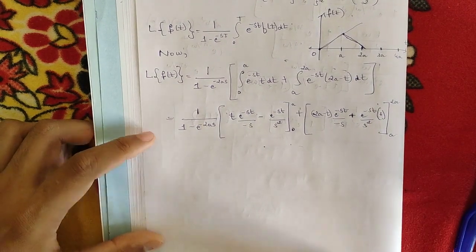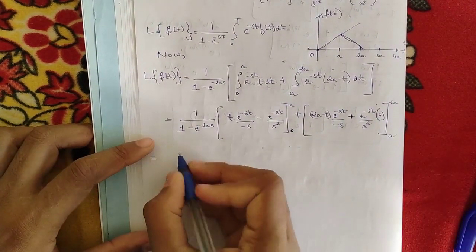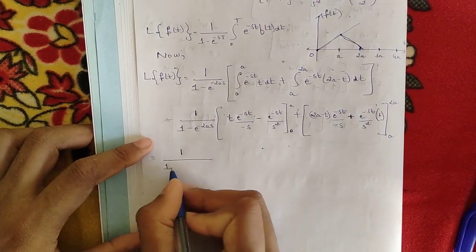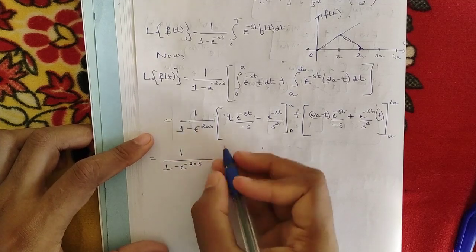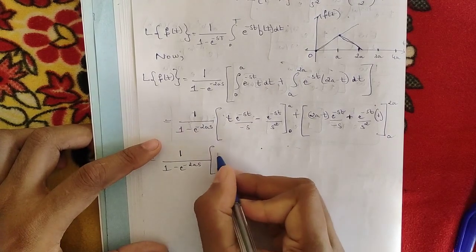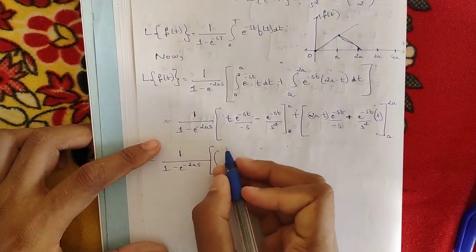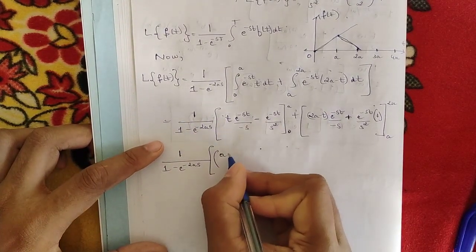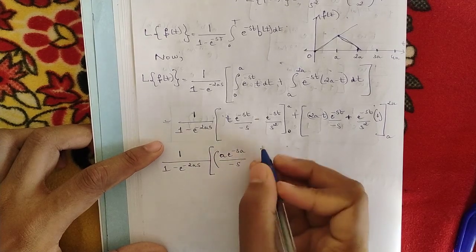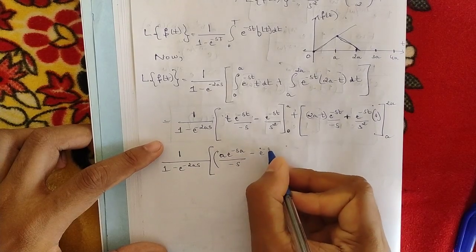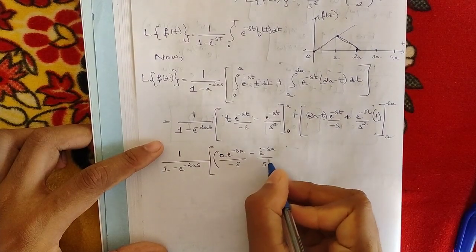Now apply the upper limit and lower limit separately and solve it. Be very careful while solving. Check each and every term very carefully and put the limits. First the upper limit a: e to the power minus sa divided by minus s, minus e to the power minus sa divided by s square.